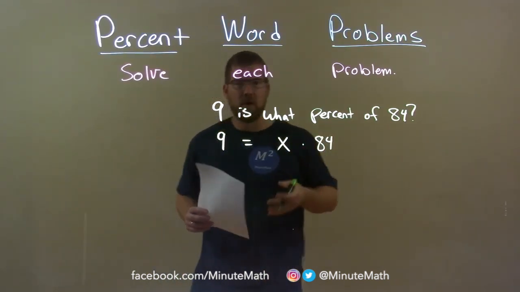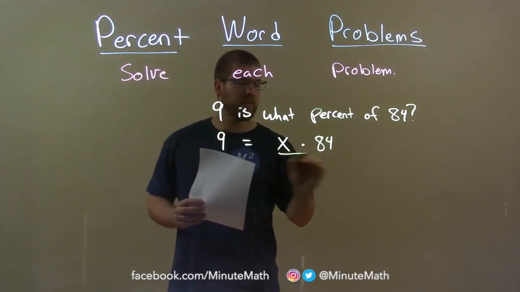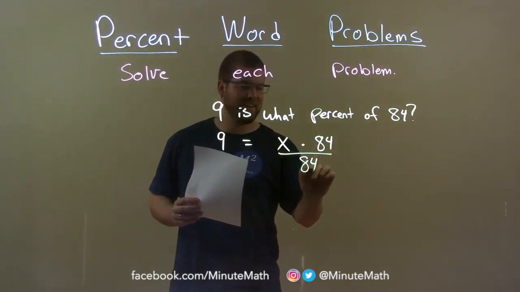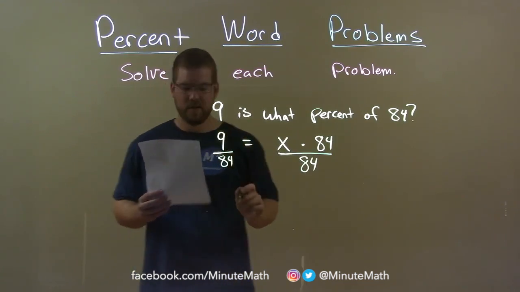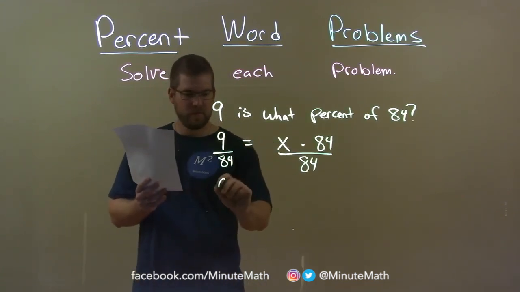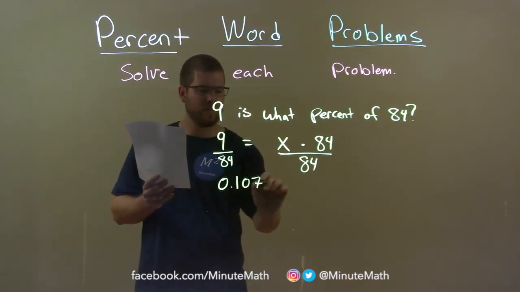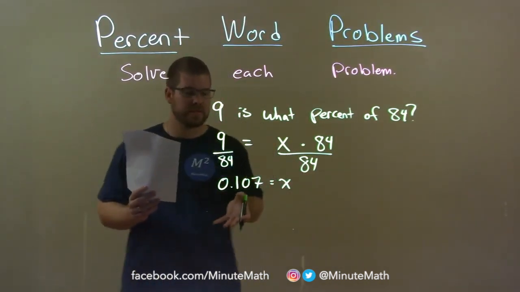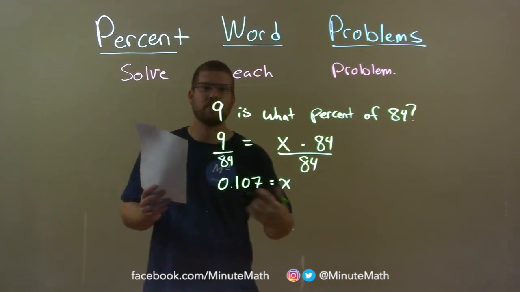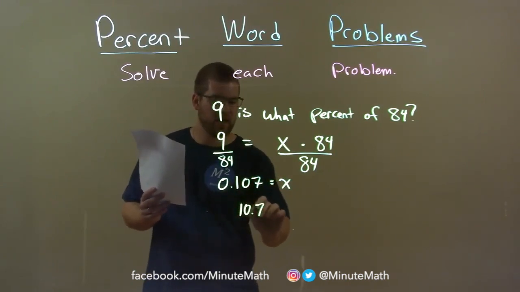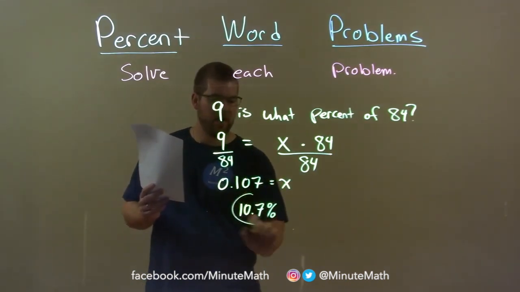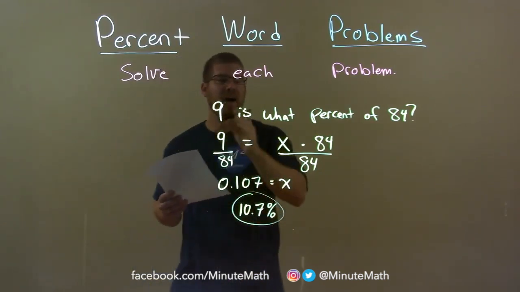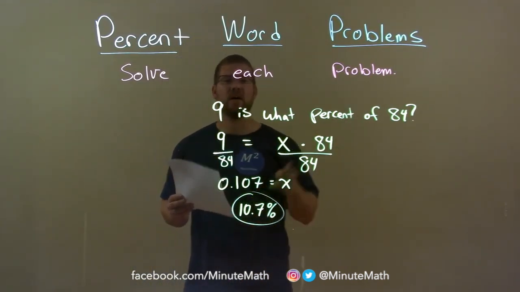That's it. Now let's go solve for x. Opposite of multiplication is division. Divide by 84 on both sides. I am left with a decimal. 0.107 is equal to x. To convert that to a percent, move the decimal place 2 spots to the right. We have 10.7% here. And there is our final answer. 9 is 10.7% of 84.